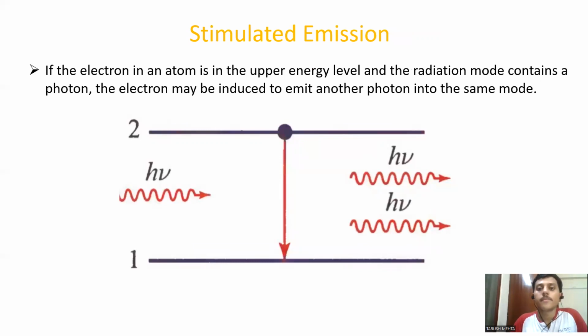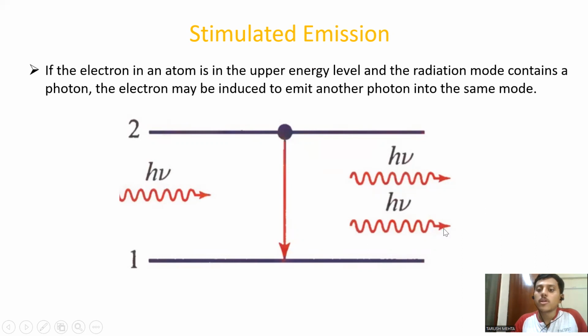Now, if an electron in an atom is in the upper energy level and the radiation mode also contains a photon, and if this incident photon is triggering the emission of this particular electron, then there will be two photons coming out, one due to the emission and one is the photon that just passes away. And this is basically called stimulated emission.